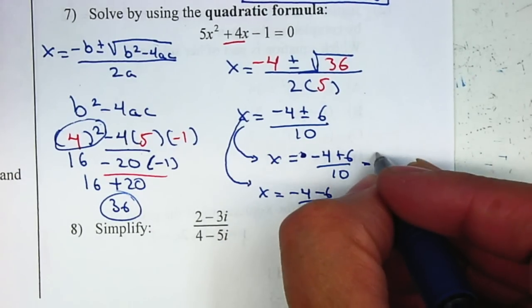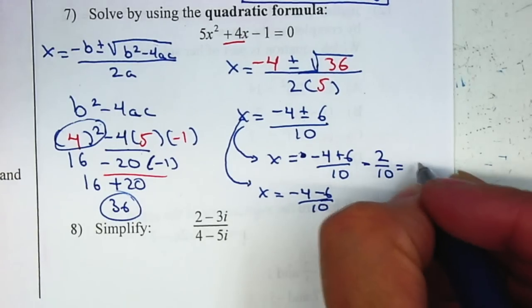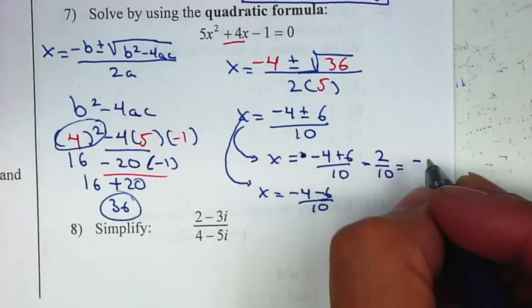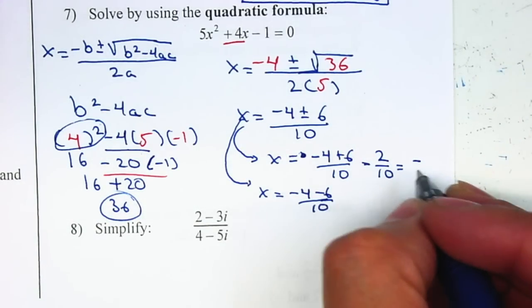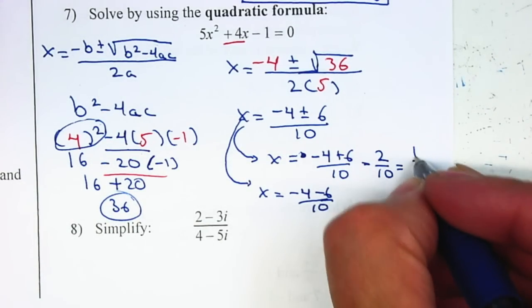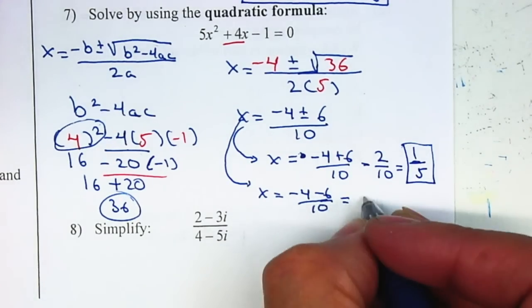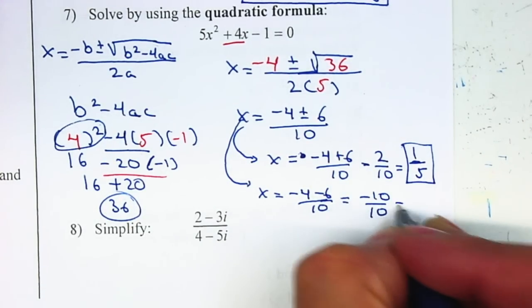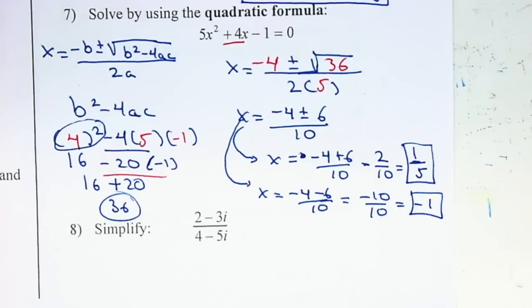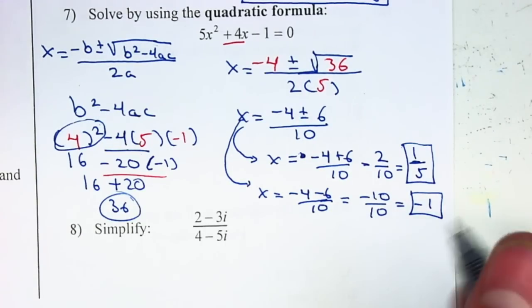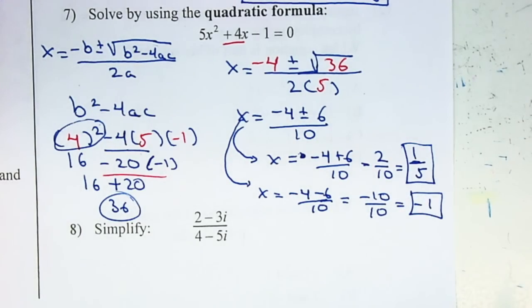We have 2 over 10, which is just 1 over 5. Let's go and reduce it. This one will give us negative 10 over 10, which is negative 1. So those are our two solutions, 1/5 and negative 1.